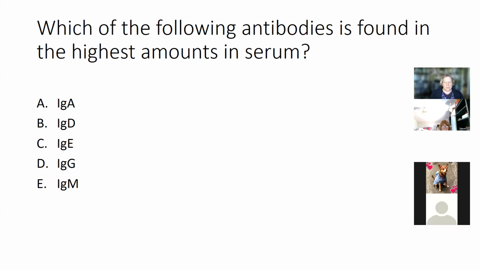We also find it stuck to basophils. They kind of do the same job. IgD, we actually find in the least amounts in serum, in blood. When I get a blood sample, it's going to be really hard to find any IgD.